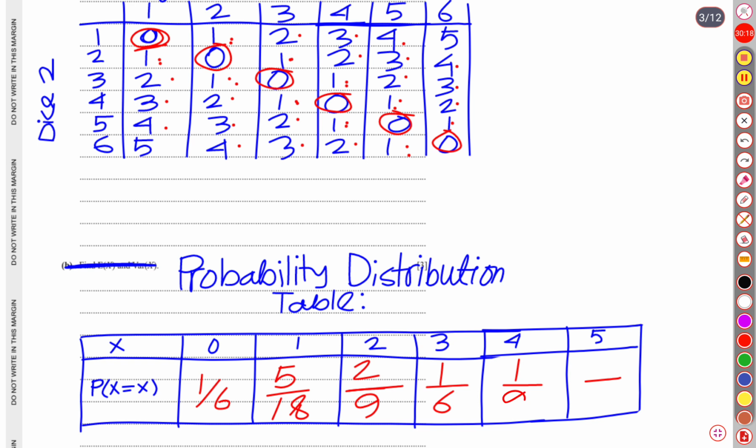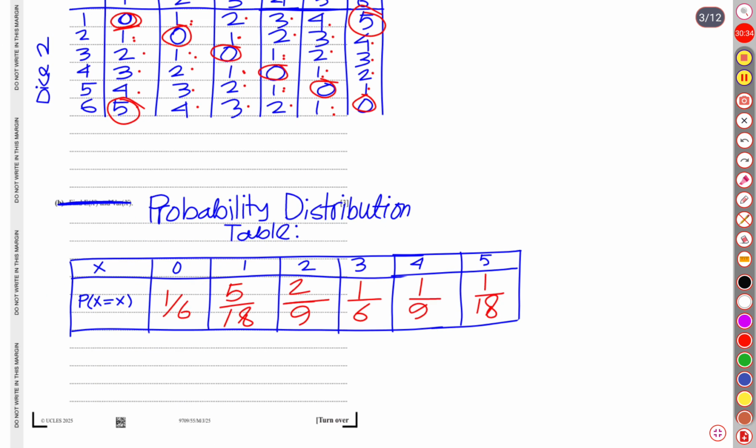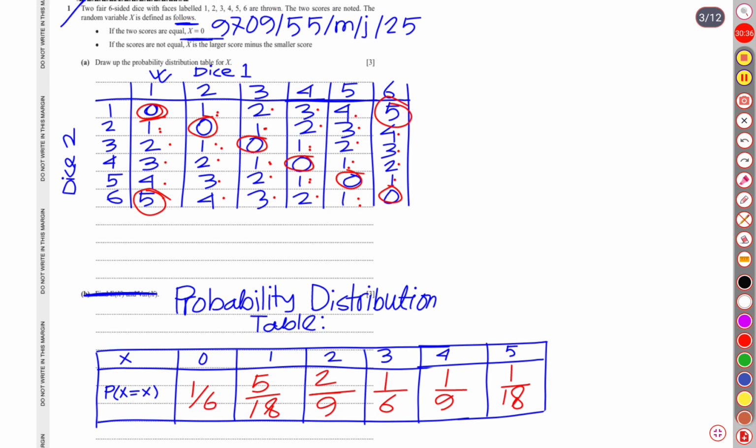Then how many 5s are there? There are only 2 5s. So it is 2 over 36 means 1 over 18. So that's all about our probability distribution table of these two dice. Let's see the next question. Now I think this is the final question of this session.